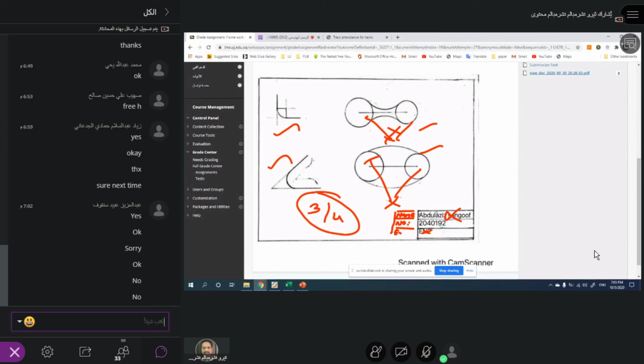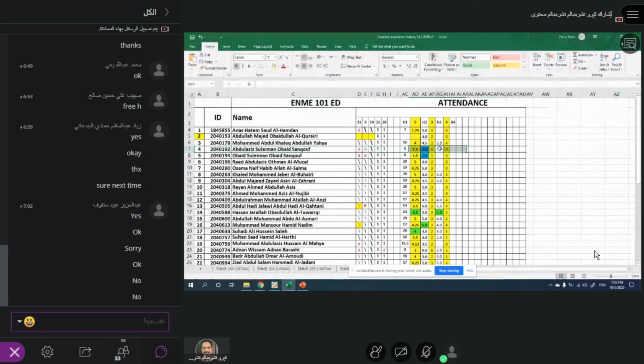I want a pencil drawing. With all, you are right. You are good. If you do it like this, you are excellent. But I'm not sure, because I'm worried that you have printed this somewhere. I don't know how you printed this. Which is wrong. I never told you to print. You understand my point? Will you change it next time? You change it, otherwise you'll lose marks. But that's it.